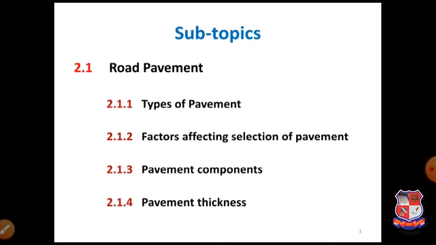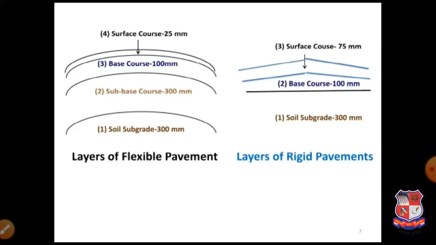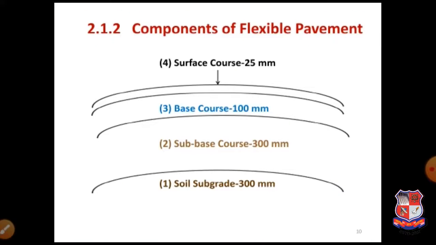Types of pavement and factors affecting selection of pavement were covered in the first lecture. In this second lecture we cover pavement components and pavement thickness. There are 4 basic components of flexible pavement.